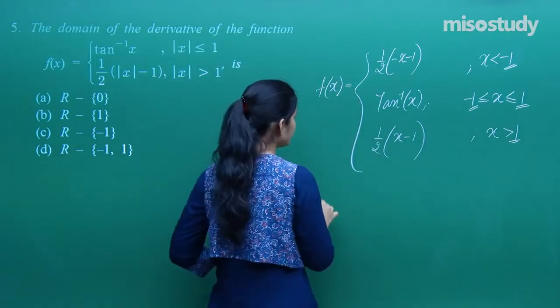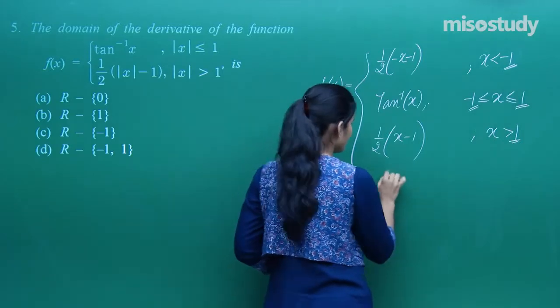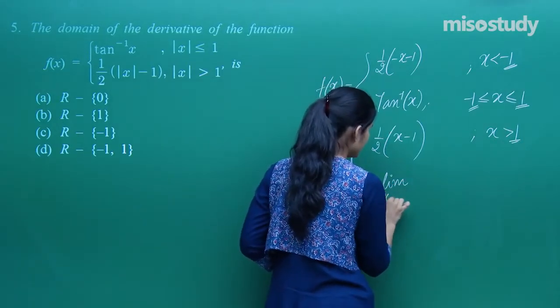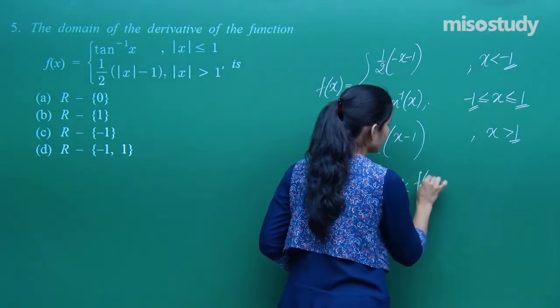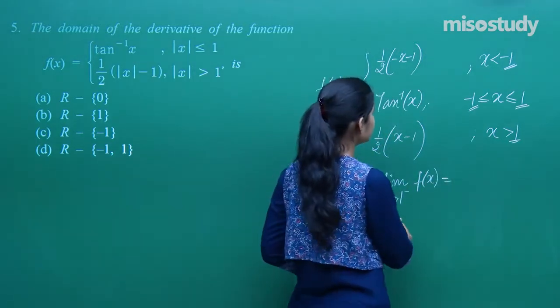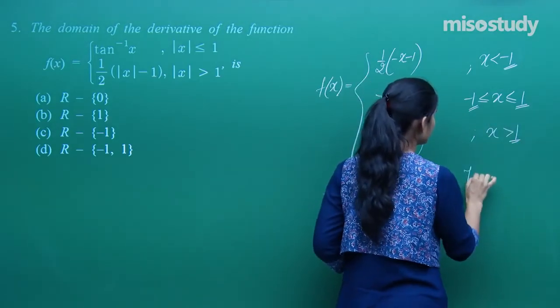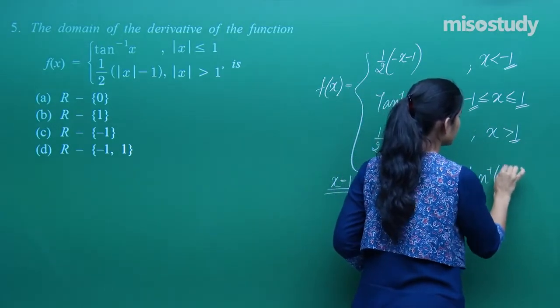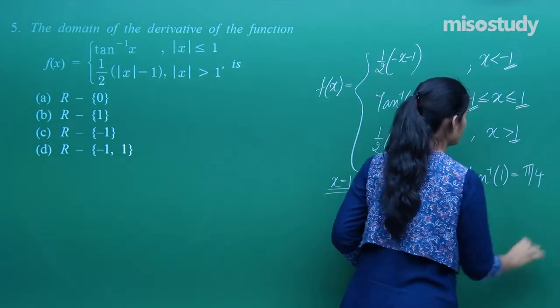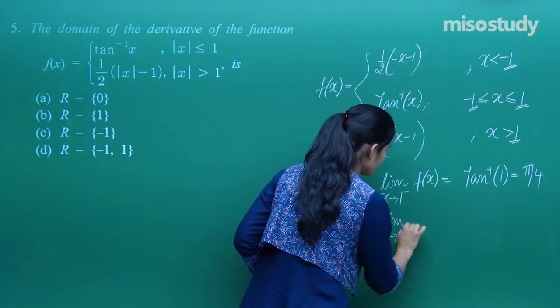So first of all, let me talk about x equals 1. Now limit x tends to 1 from the negative side of f of x. What is this? So from the left, x tends to 1 from the negative, it is tan inverse 1, which is pi by 4. And limit x tends to 1 from the positive.